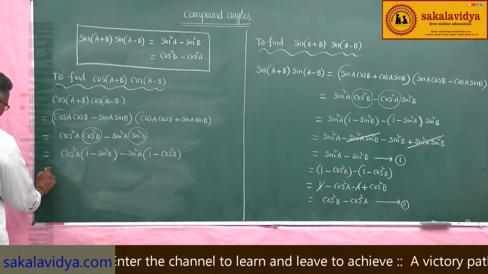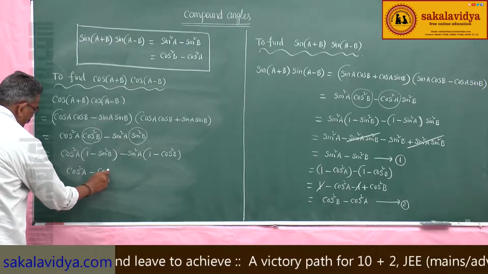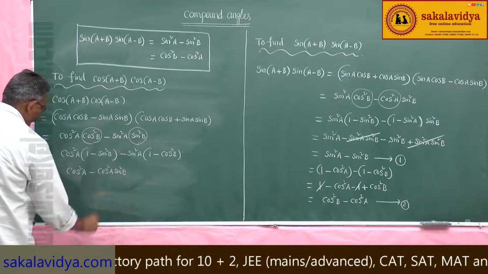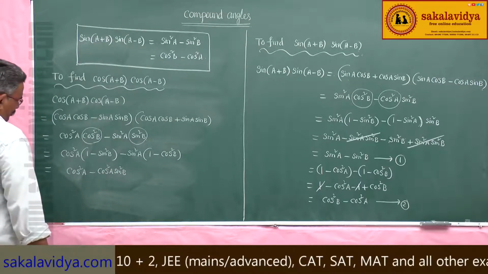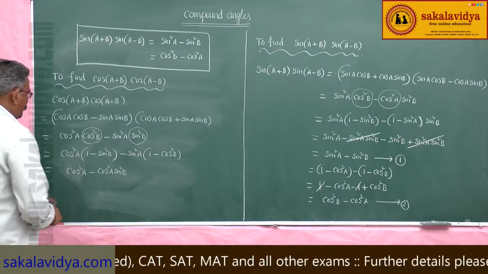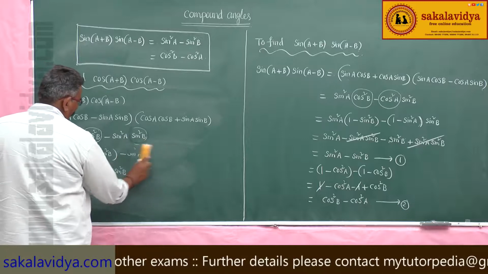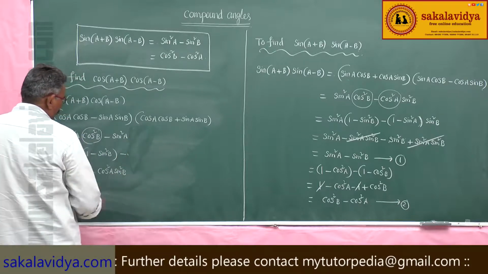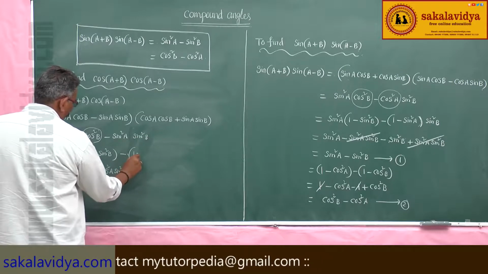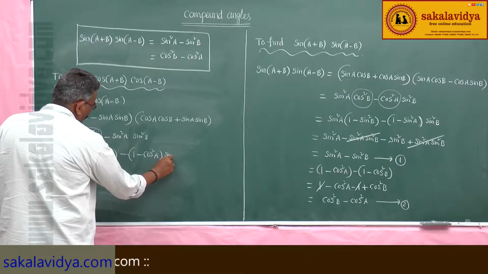Now we get cos square A minus cos square A sin square B. So better in this case change the sin square A, not sin square B. Change sin square A. This is sin square B. 1 minus cos square A into sin square B.